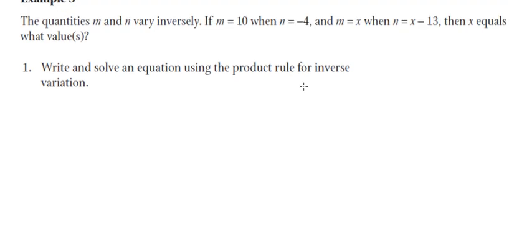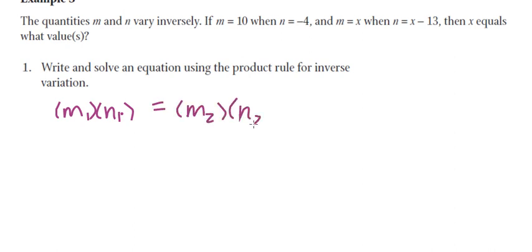All right, so I have M1 this time multiplied by N1, same thing as X and Y, is going to be equal to M2 multiplied by N2. So if I go look at my ordered pairs, it tells me about an M and an N. It says when M is equal to 10, N is equal to -4.